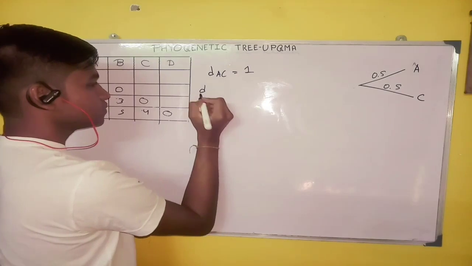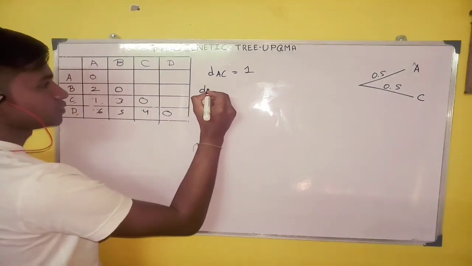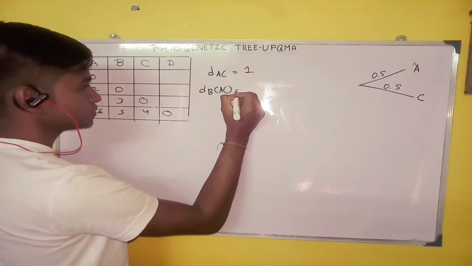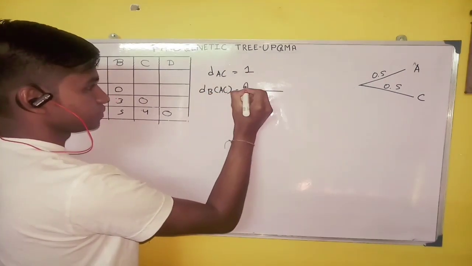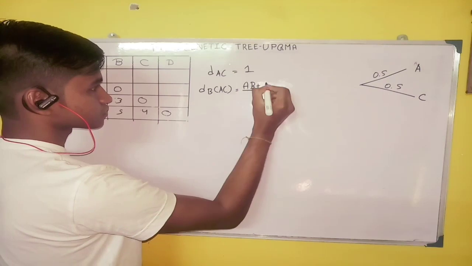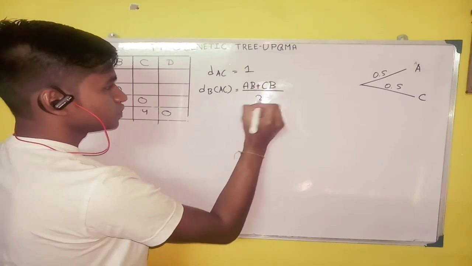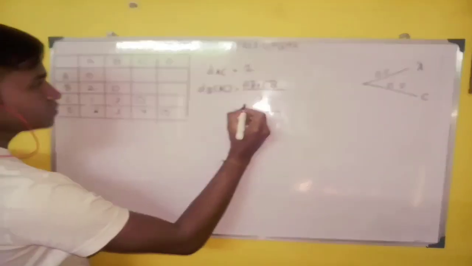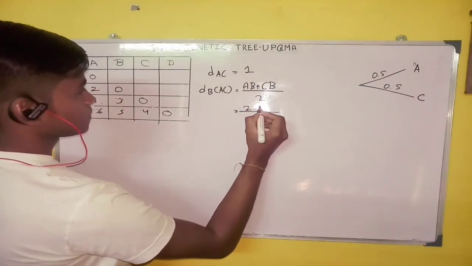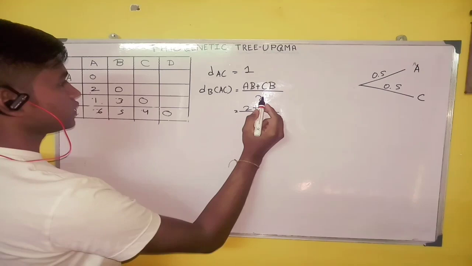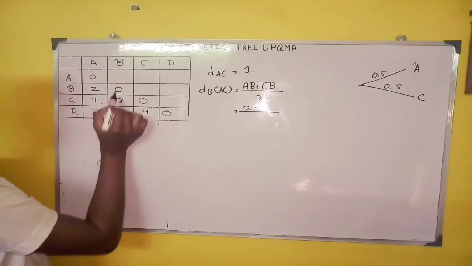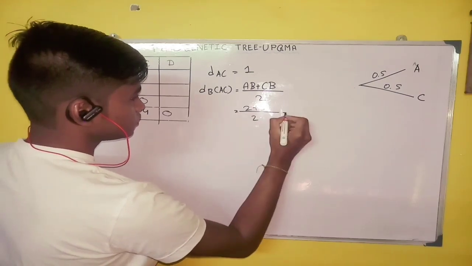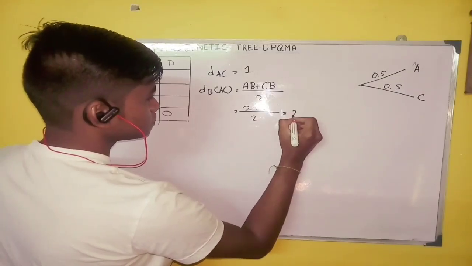Now we will determine the distance of B and the distance of D in respect of AC. So the distance of B in respect of A and C is AB and also CB divided by 2, and AB is actually 2 and CB is actually 3, so divided by 2, the answer will be 2.5.